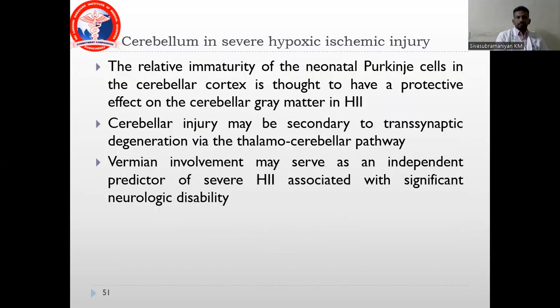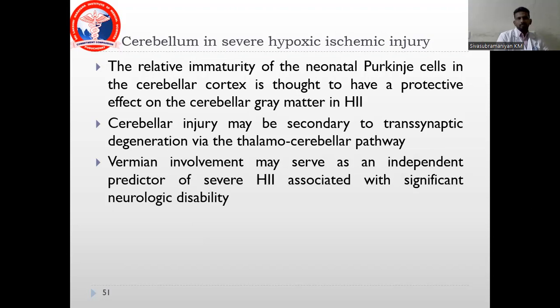So the relative immaturity of the neonatal Purkinje cells is thought to have a protective effect on the cerebellar gray matter in hypoxic ischemic injury. And cerebellar injury may be secondary to synaptic degeneration via the thalamocerebellar pathway. So if there is an HIE that involves the thalamus, then you can have an antegrade degeneration of the white matter tracts that come via the thalamocerebellar pathway.